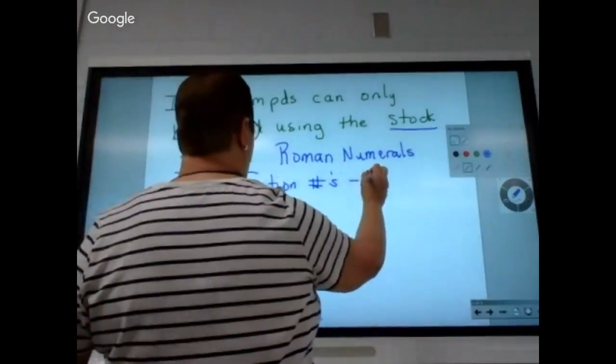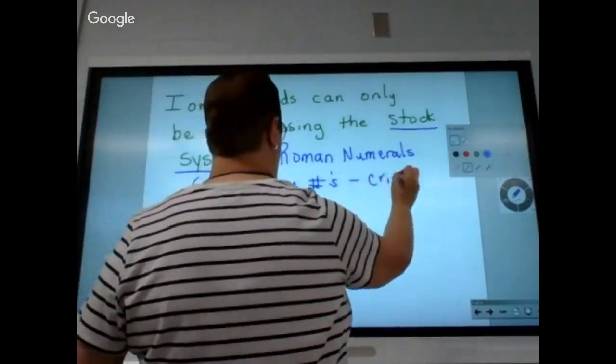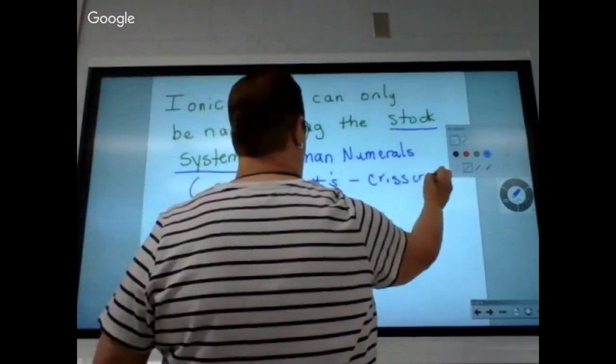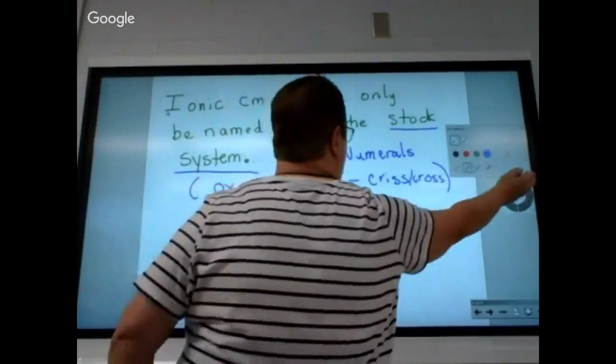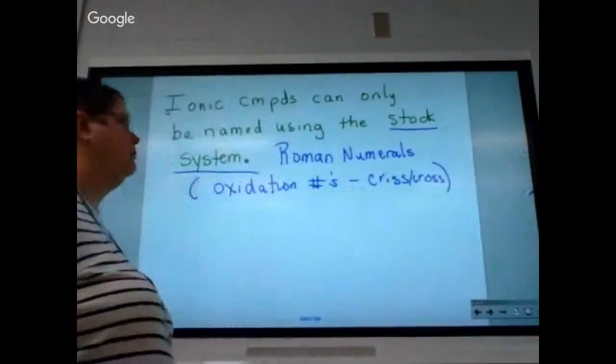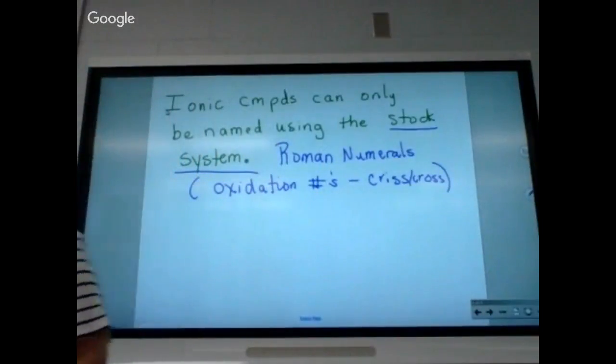That whole crisscrossing method. Now, why am I pointing that out? Well, because covalent compounds have options. Ionic compounds do not.